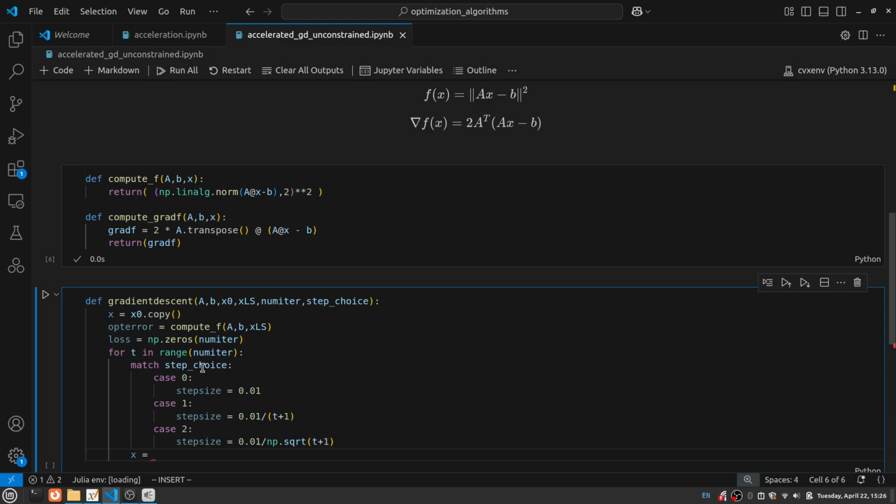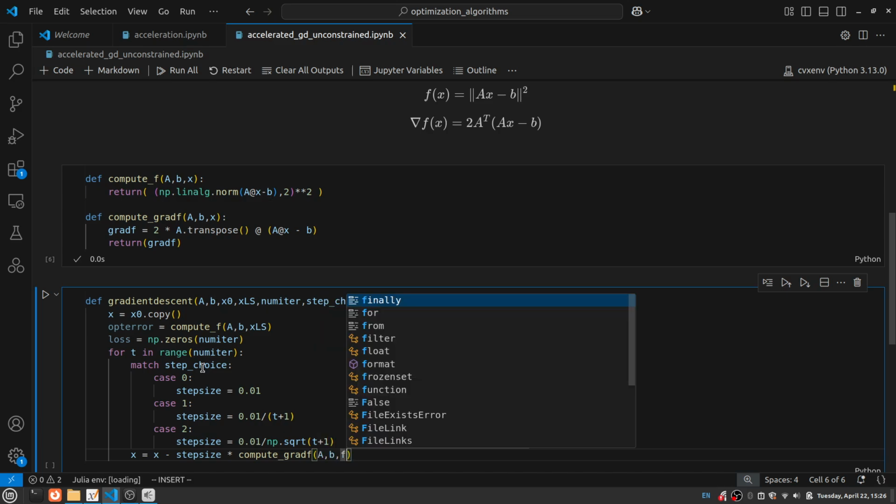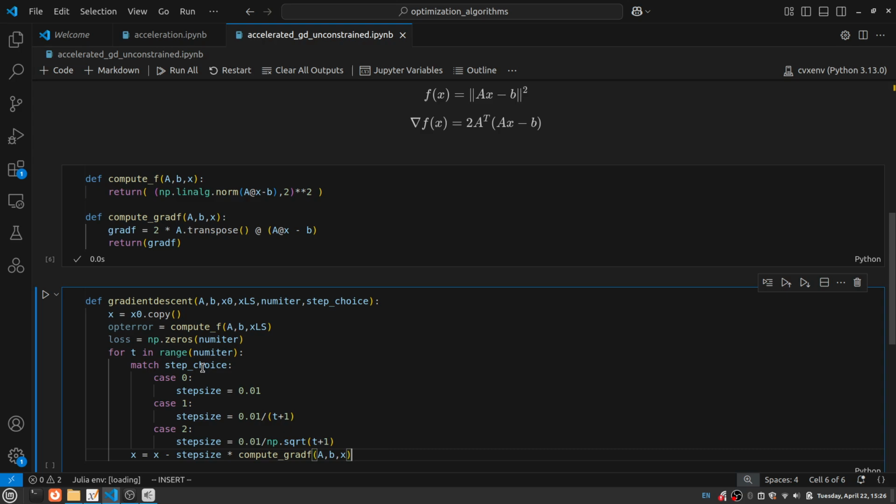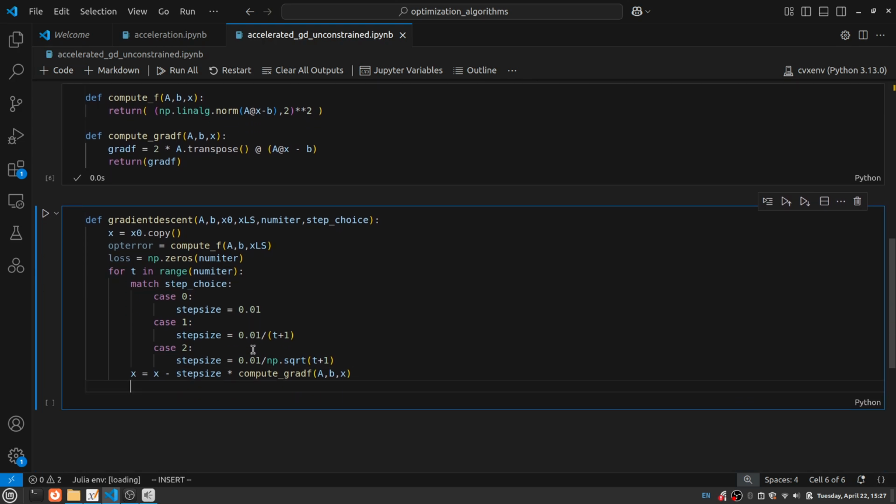So x, and what is a gradient descent step? You just take x minus step size times gradient at x. Okay, just that, nothing else. So this is the main gradient descent step. Now at every stage I also want to see how far away I am from the optimum.